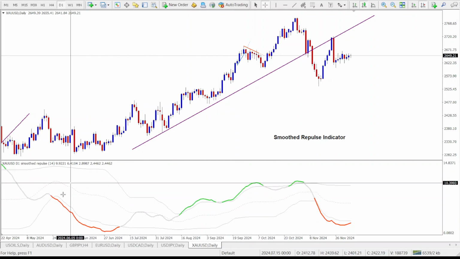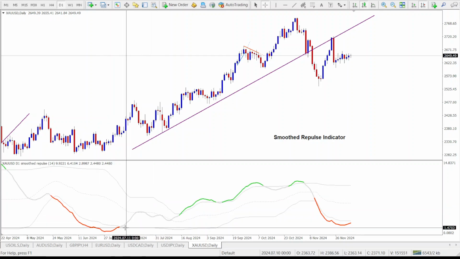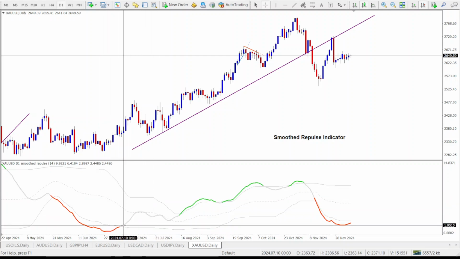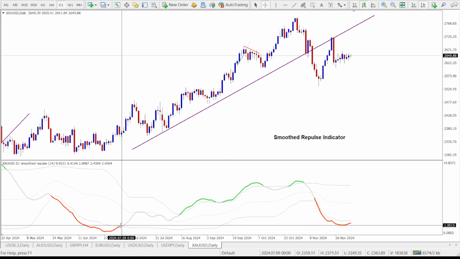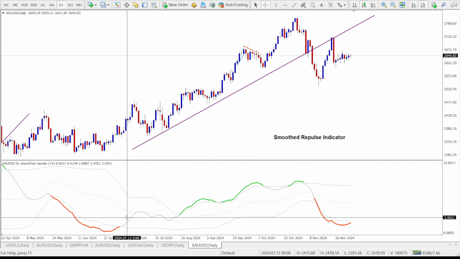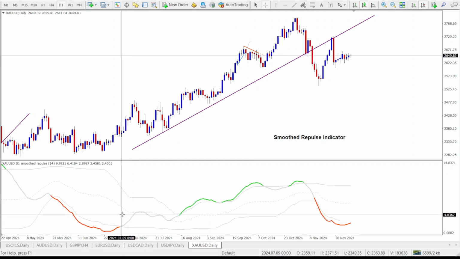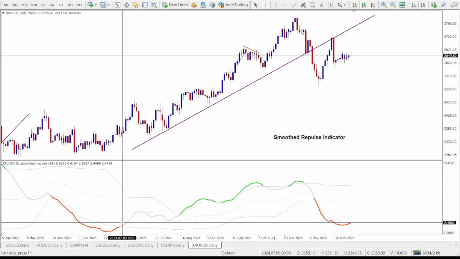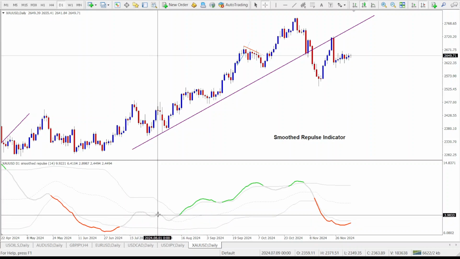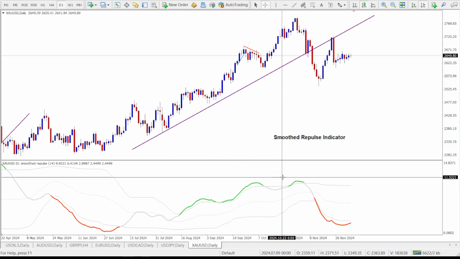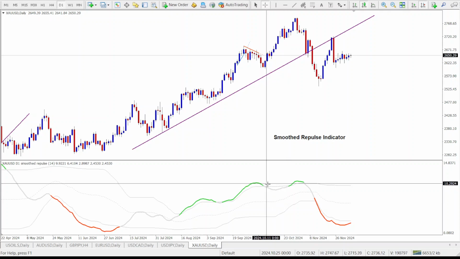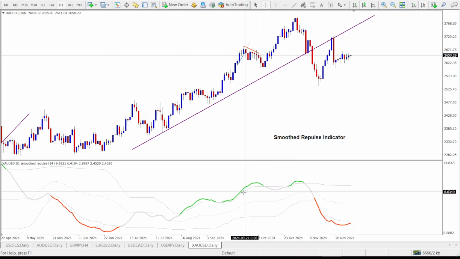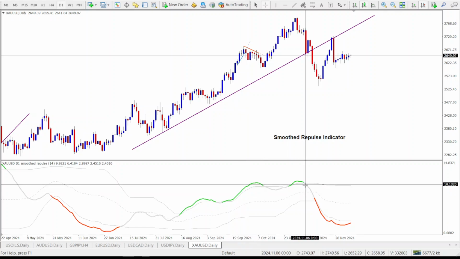So when the moving average component of the smooth repulse indicator crosses above the lower band, it's a buy signal. So that is also one of the things you can pay attention to as well, right? And then when the moving average component crosses below the Bollinger band-like component, then you have a sell signal.